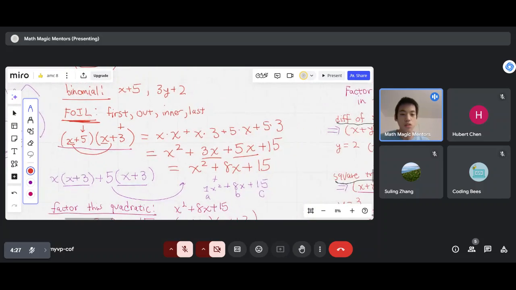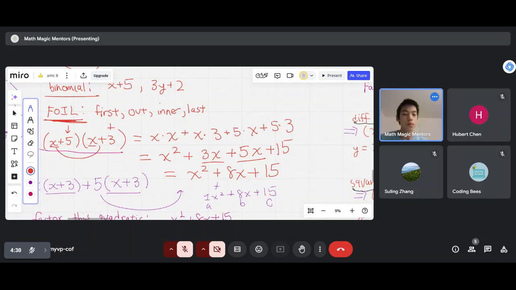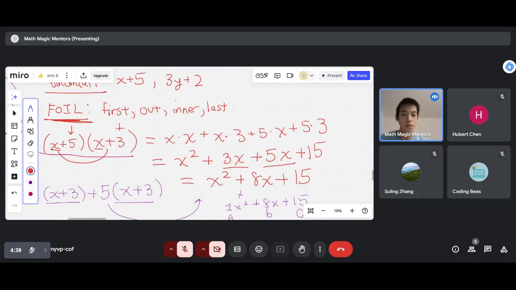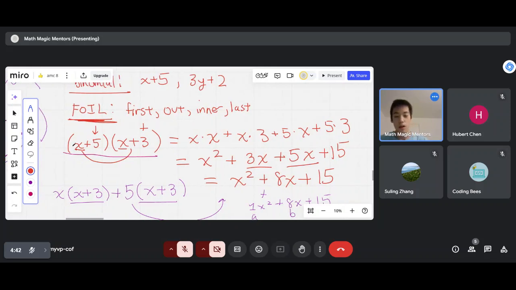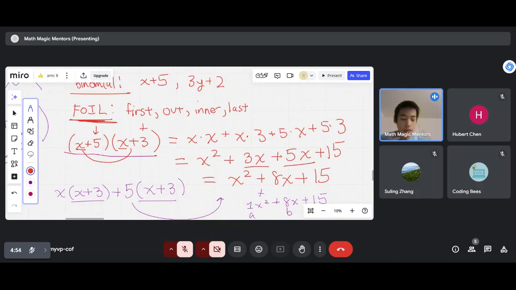So we can apply this notion of distributing a term to multiply expressions with more than one term in each parentheses, if you know what I mean. So in this example, we have the multiplication of x plus 5 and x plus 3. So you're multiplying x plus 5 and x plus 3 together, and with that, you're just basically doing the same distribution process, except that you're doing it with each of the individual terms.